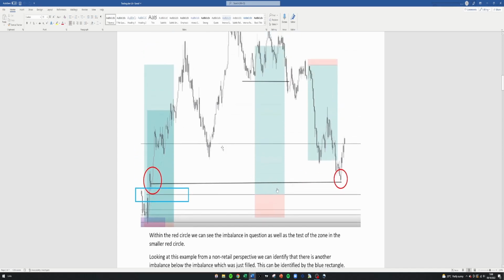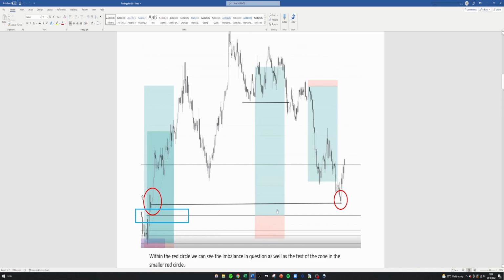Basically, retail have seen the imbalance fill and price tap into it. This would be an order block to retail, because you've got the last sell candle before a BOS, so they would be looking to buy from this. They've had their buy move, they've rolled their stops or tightened up their risk because they think, oh, we're off. Their target would probably be this buy side liquidity wick or this supply zone.